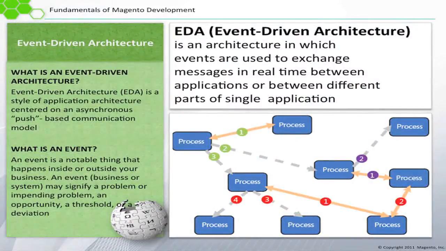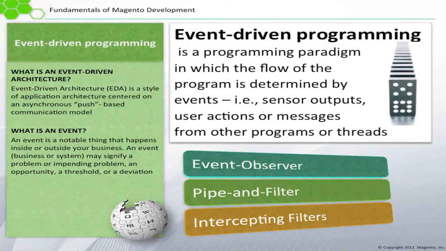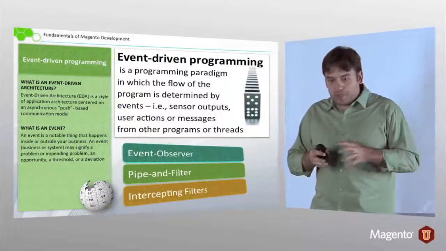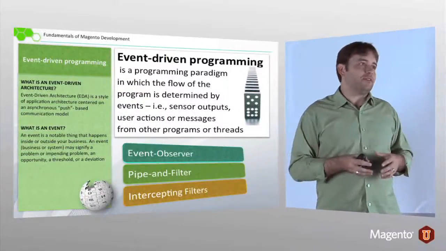Now, the basic players in event-driven architecture, in Magento anyway, are the event, which is the thing that happens, as well as the observer, which is something that's actually watching it happen.